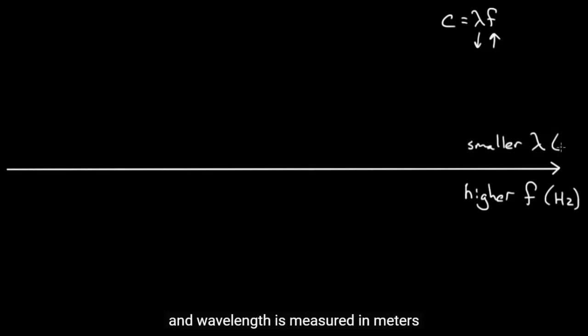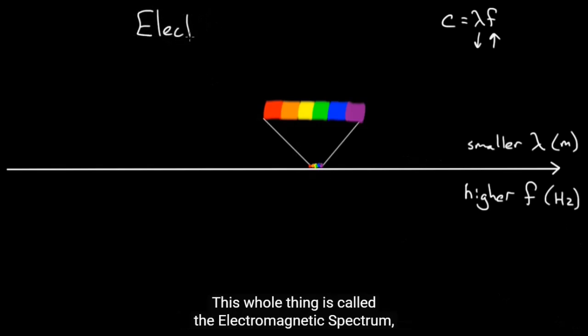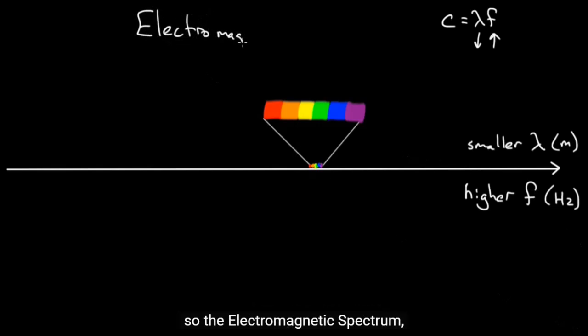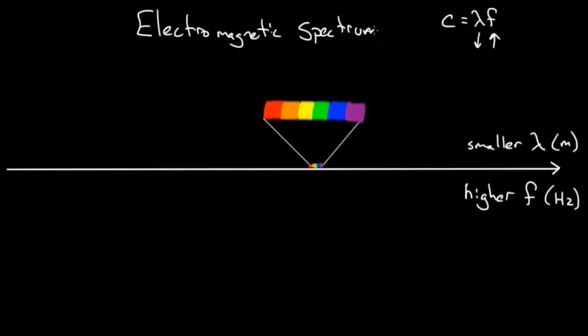And wavelength is measured in meters, but when you're talking about light, since you have such small wavelengths, you often talk about nanometers. So where would the visible spectrum be? The visible spectrum would just be this little smudge here in our range. This whole thing is called the electromagnetic spectrum, and the visible spectrum is just right here. This is visible between red and violet.